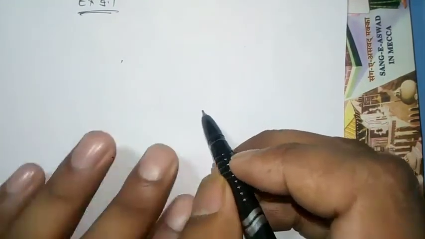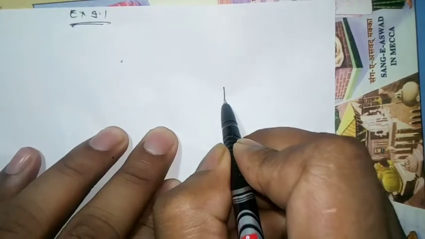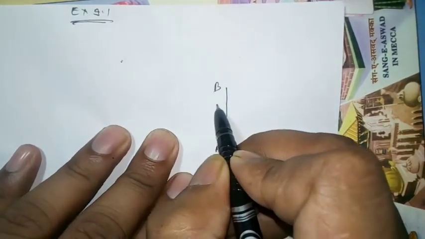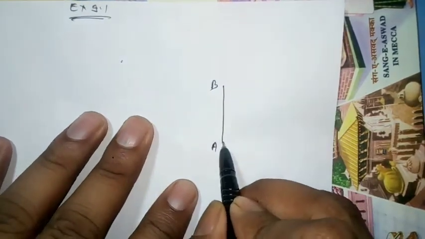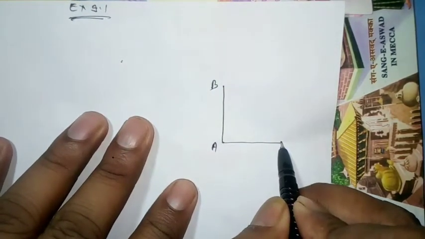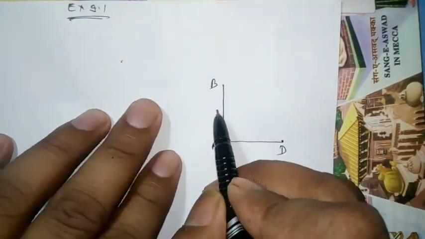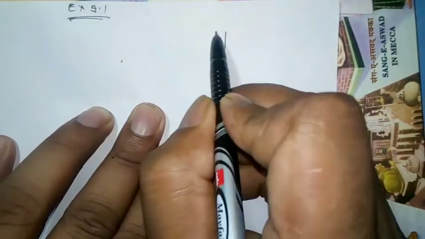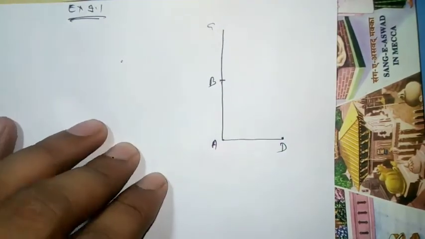According to the question, AB is a building and on the ground another point is D, and on the building BC is a transmission tower.